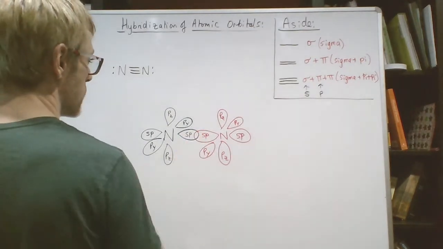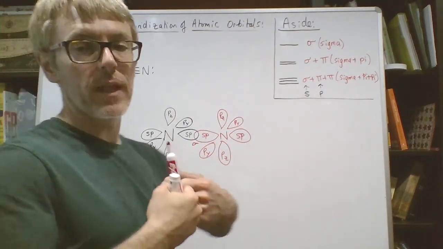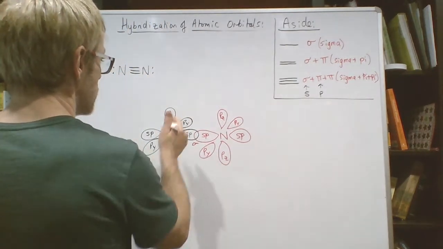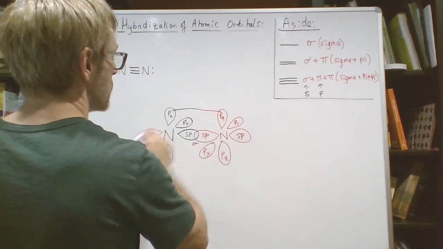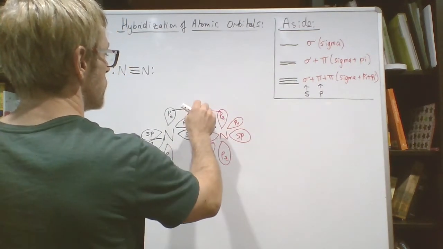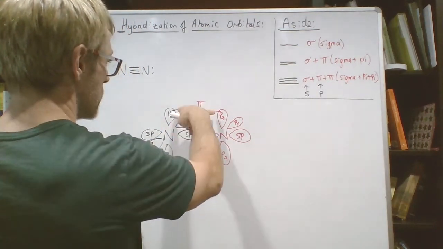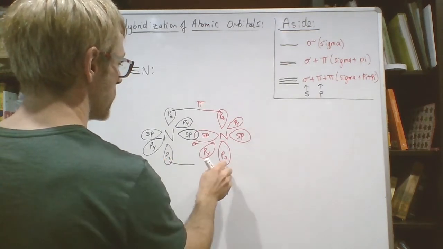We've already got our sigma, the direct orbital overlap of two sp hybrids. Let's go ahead and do a pz. That's one of our pi's, but it's both lobes of the pz, the north lobe and the south lobe, that's 1 pi.